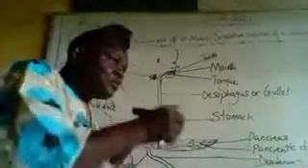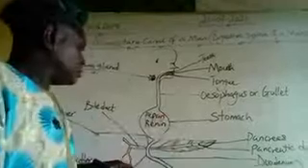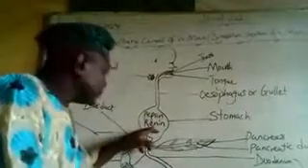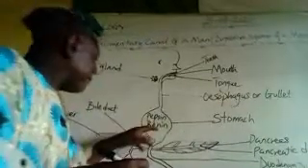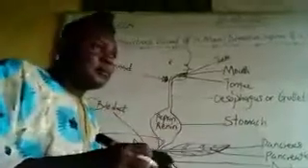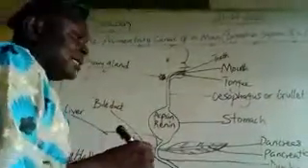Renin curdles milk. It is an enzyme that curdles milk. Renin acts on milk.